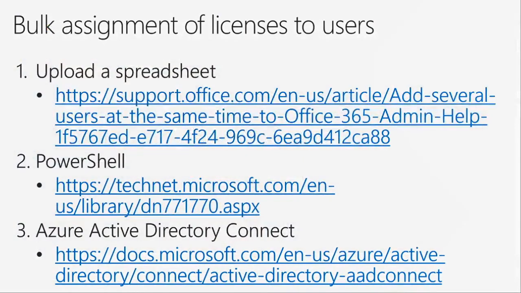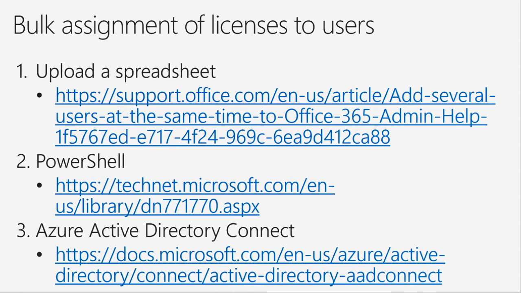Now, as most of you in the room are enterprise customers, you probably have thousands of users in your organization, right? We don't expect you to go through that process of adding users individually. So we do support all the bulk options that are available in Office 365. If you have a decent number of users, maybe 500, 1,000, you could always upload all those users using a spreadsheet.